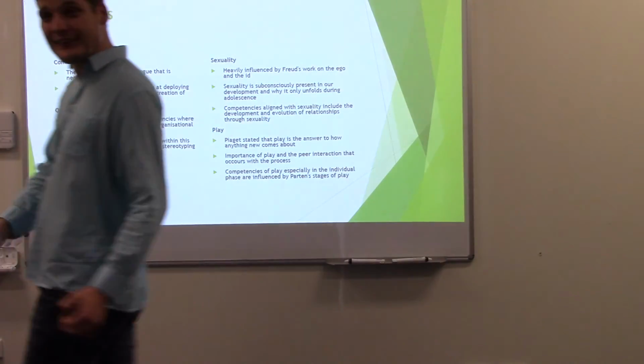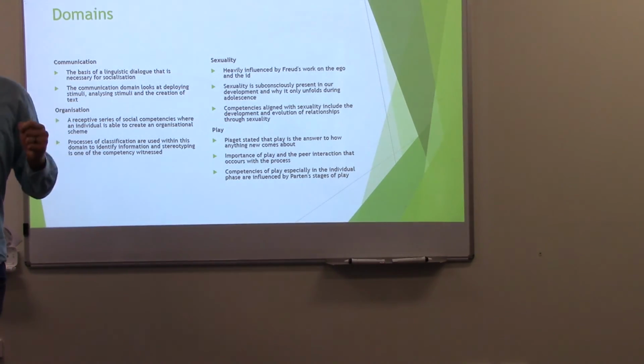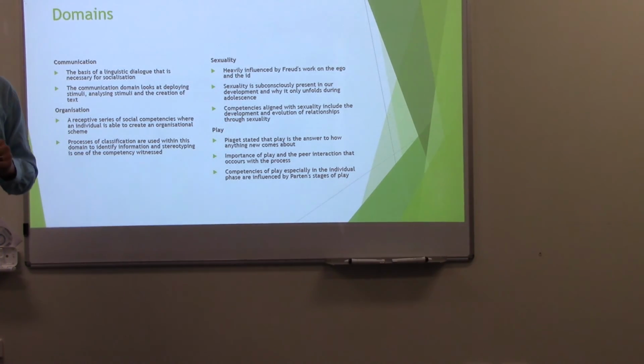Is that adolescently, or is that as we progress? Well, in the individual phase, we're starting to look at their toddler years, moving on to primary school. There are very different stages of play that they interact in, but they do carry on over the different phases, so they become more structured and systematic as you go along the phase.